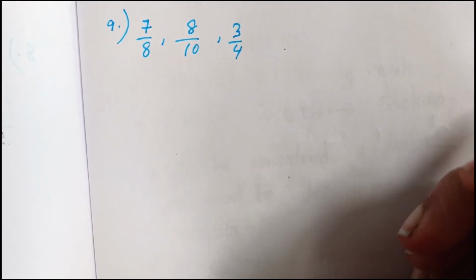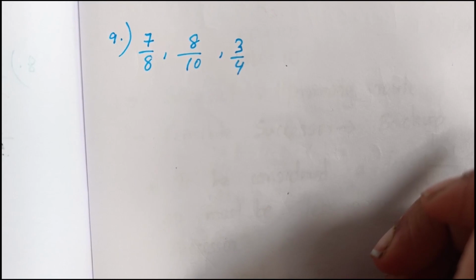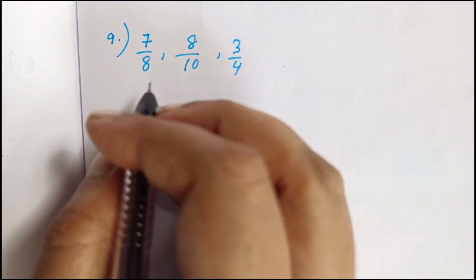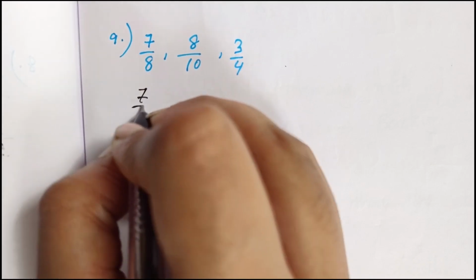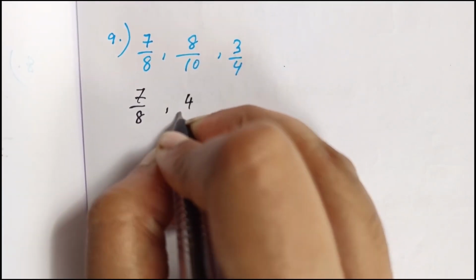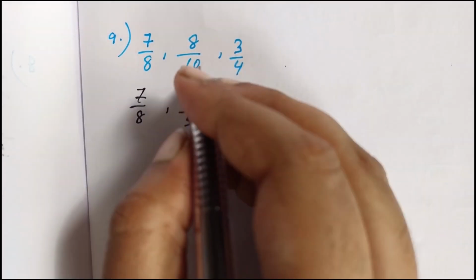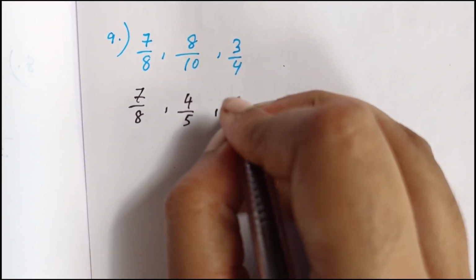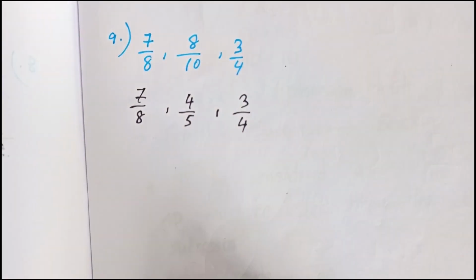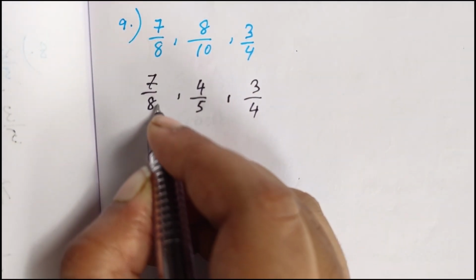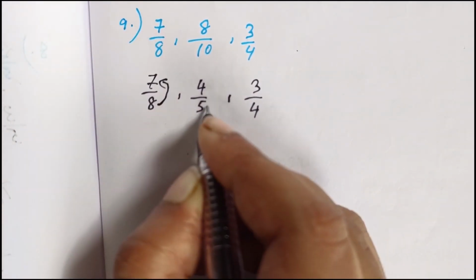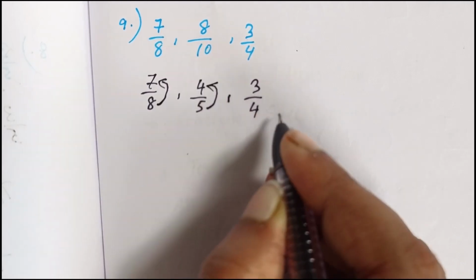Next question is 7 by 8, 8 by 10 and 3 by 4. Here we can see that we can actually reduce the second fraction: 8 by 10 can be reduced to 4 by 5. So it will become easier for us to find the largest fraction. So here we can see that the denominator is greater than the numerator. Here also the denominator is greater than the numerator.